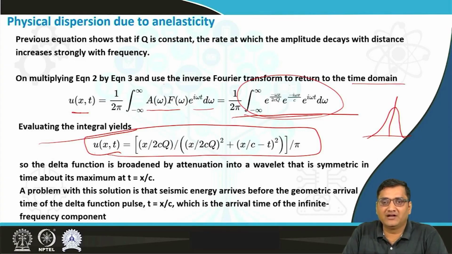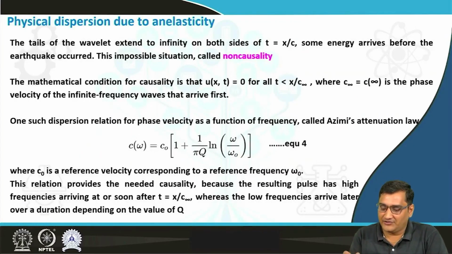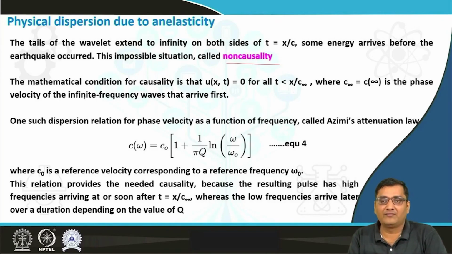And there is a problem with this solution: some of the energy is arriving before the actual arrival of the seismic wave, which we should not let happen. That condition is known as non-causality, and we want to move towards the causality of our solution.